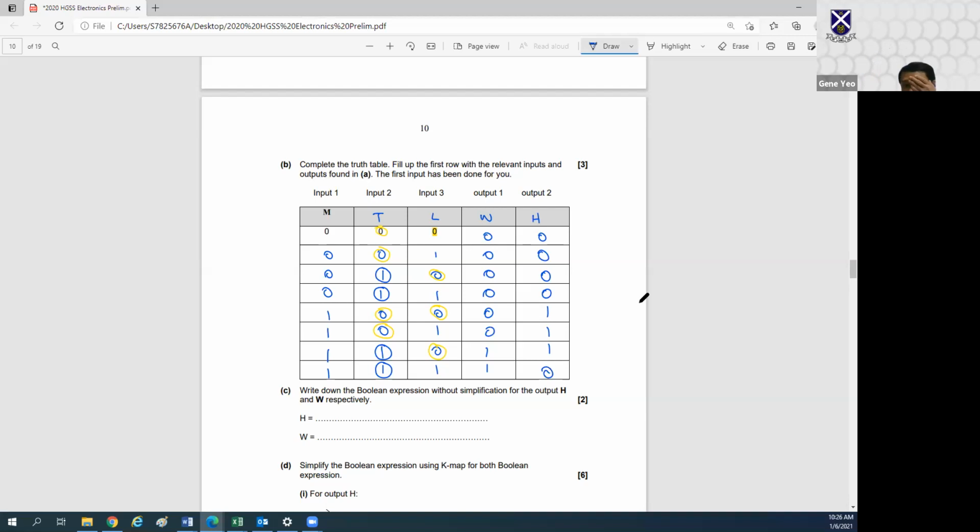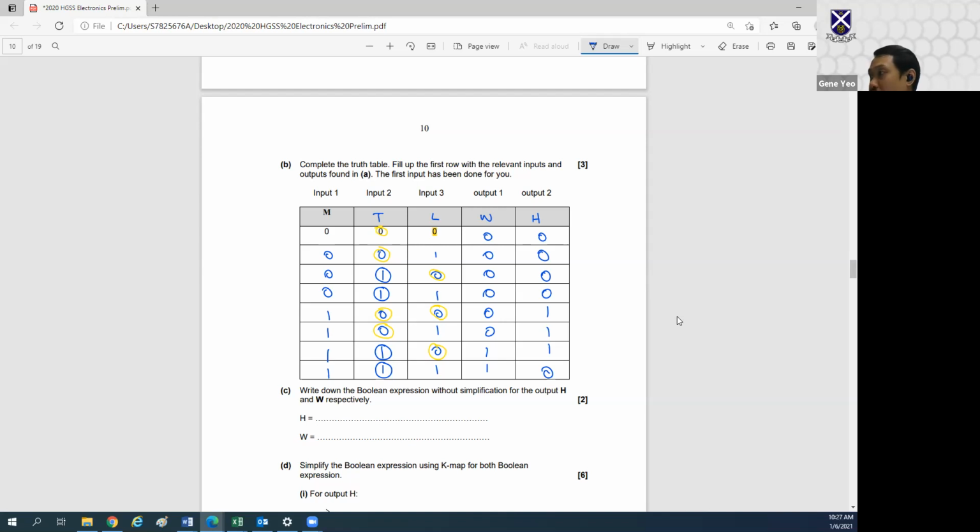Any questions on how I populated the truth table? I'll take that as a no.